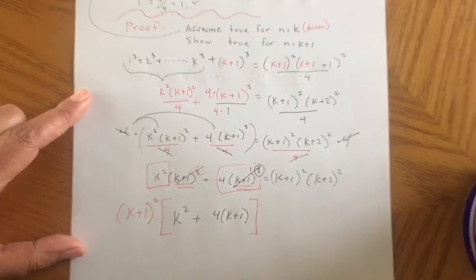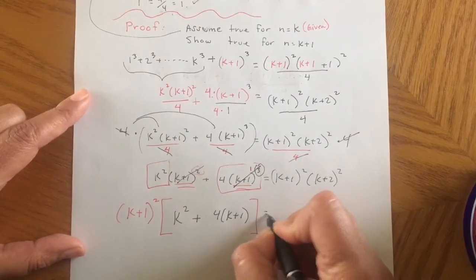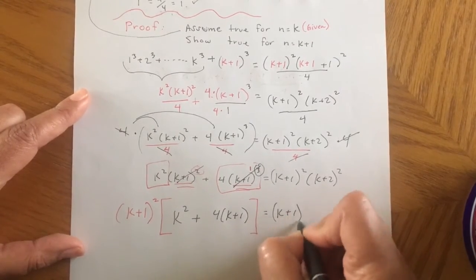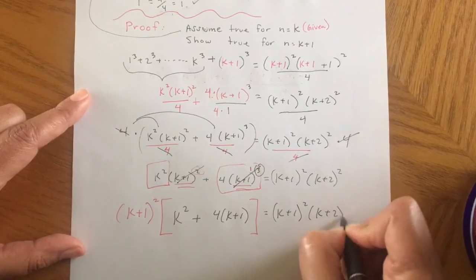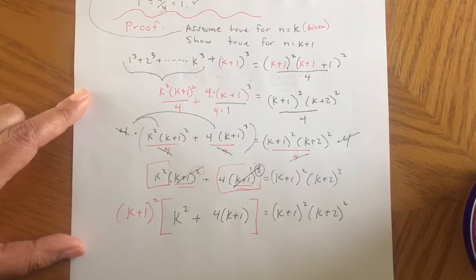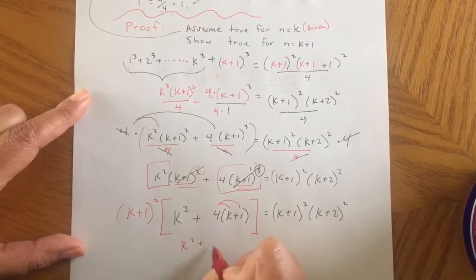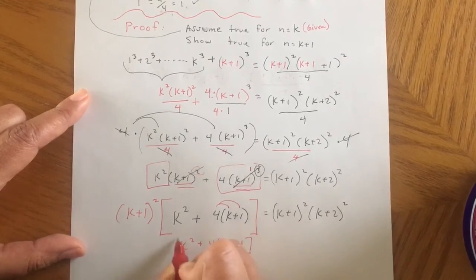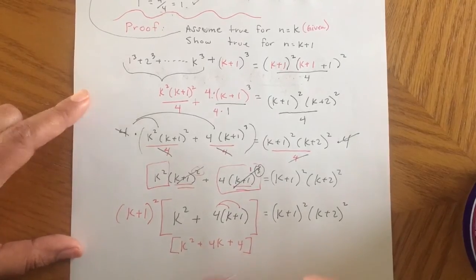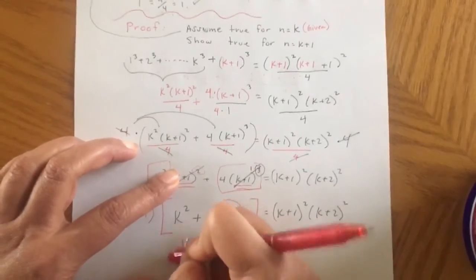Okay, so now let's look at the other side. And can I show that these two are the same? At this point, I think I'm going to have to go ahead and multiply it out. So let's distribute that. Have these parentheses now.